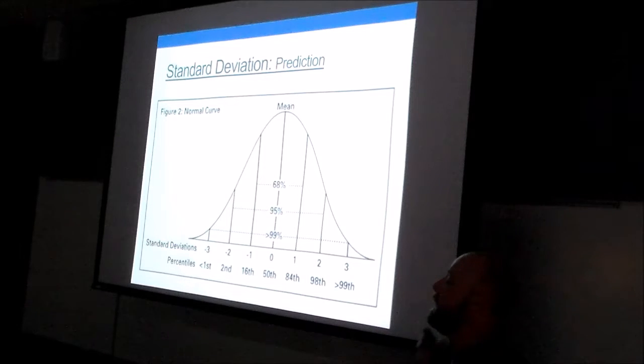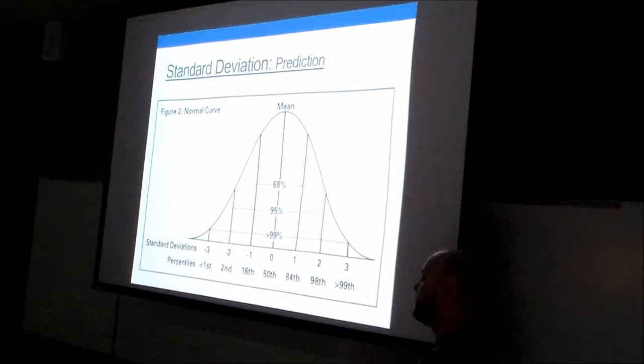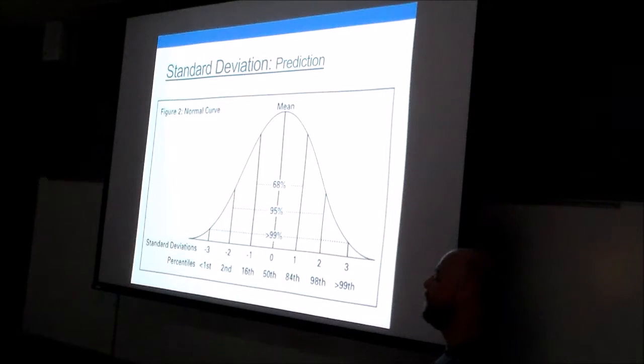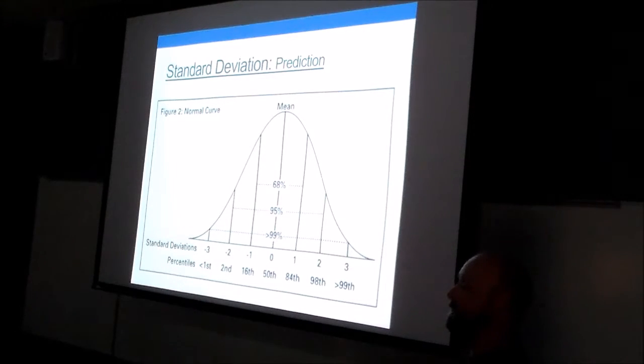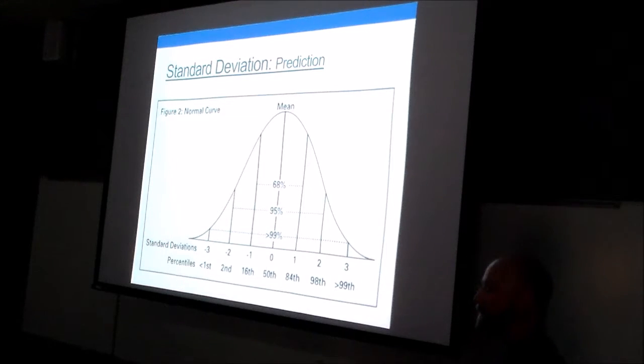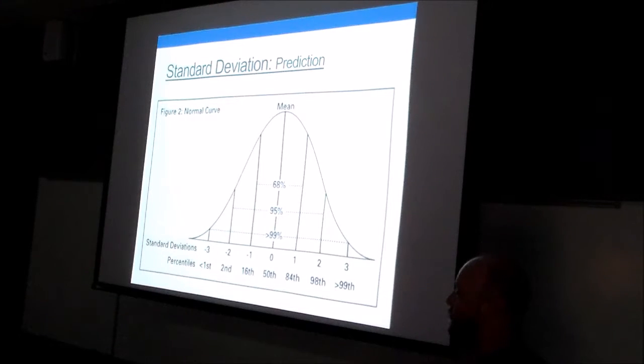So by knowing the mean and standard deviation of some normative group, I can start to make inferences on the relative position of your scores relative to some other reference group, again assuming a construct with a reasonably normal distribution.